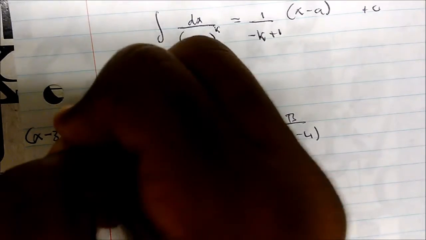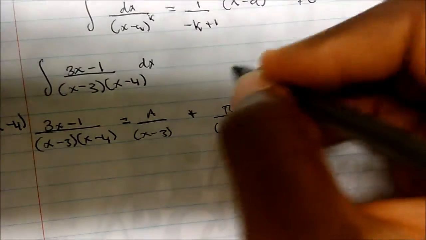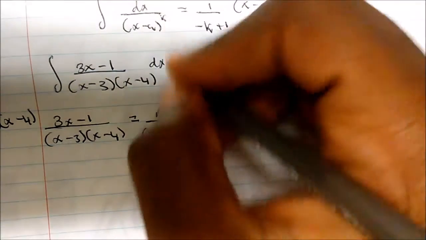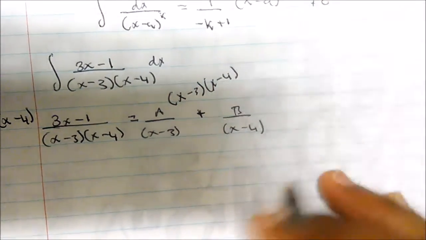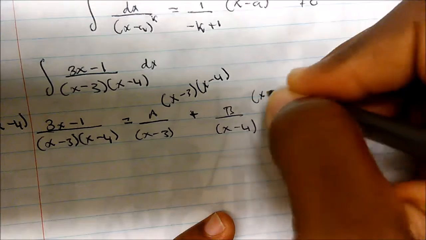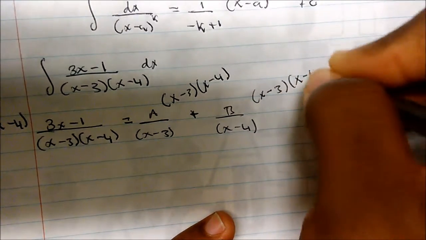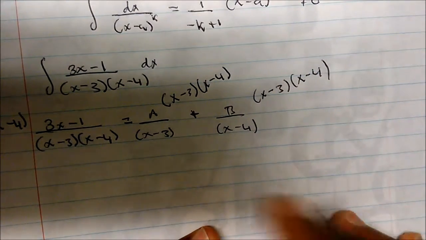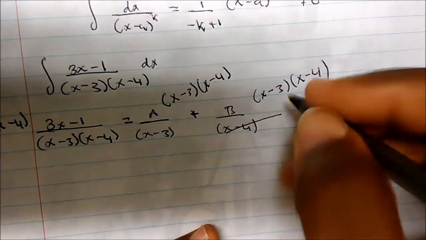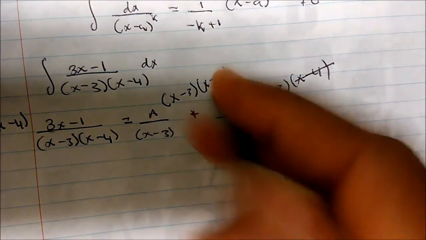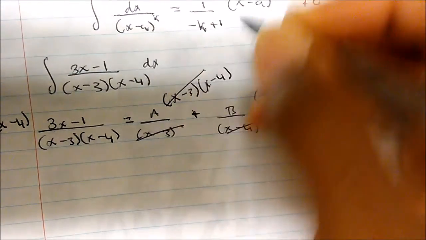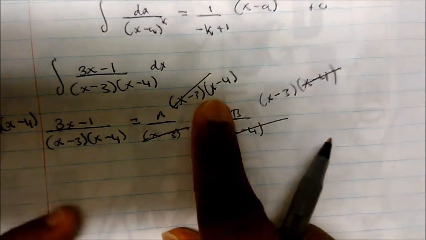If I multiply by x minus 3 times x minus 4 on both sides, x minus 4 and x minus 4 cancel out, leaving x minus 3, and x minus 3 and x minus 3 cancel out, leaving x minus 4.